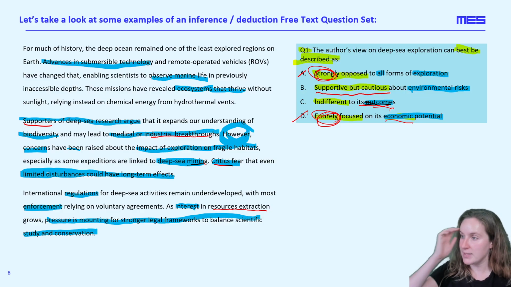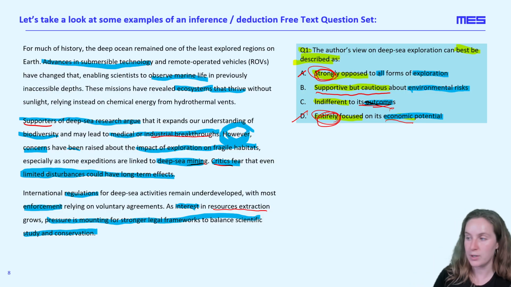Let's look back at B and C. Supportive but cautious about environmental risks. It seems like that's a pretty good answer, especially because it's a more tentative answer than indifferent to its outcomes. It seems quite concerned about outcomes with this critic's fear here again, and with this pressure here and the need for regulation seems to be something that they're interested in because they say they remain underdeveloped.